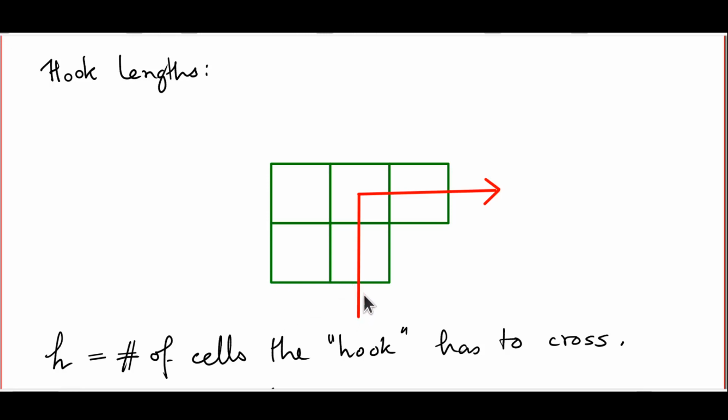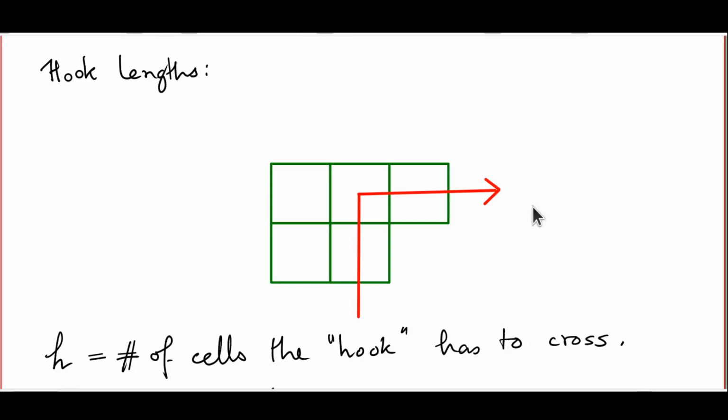And for example, if you take a look at this particular box here, to figure out the hook length, what we need to do is draw a hook. A hook is a line which enters vertically from below the Young diagram, reaches that particular cell, takes a right turn and exits from the right hand side or right hand edge of the particular row.